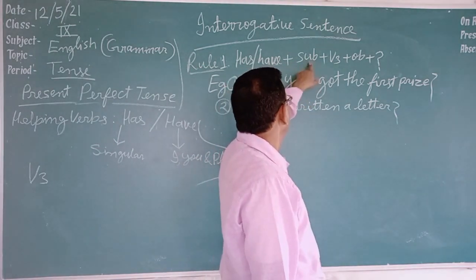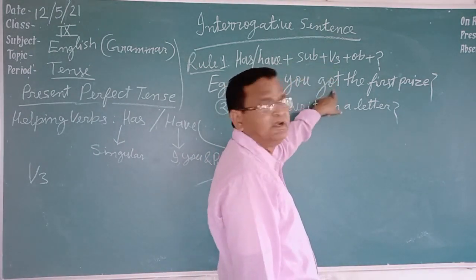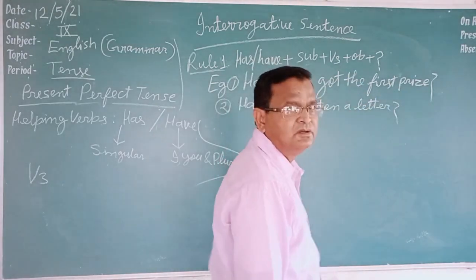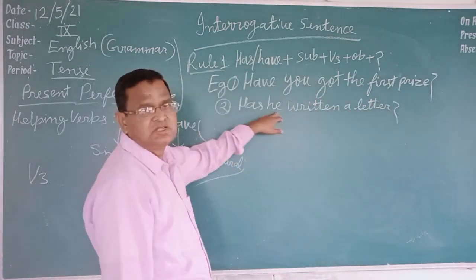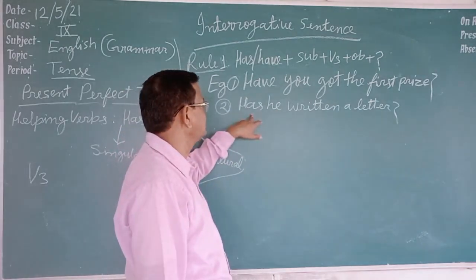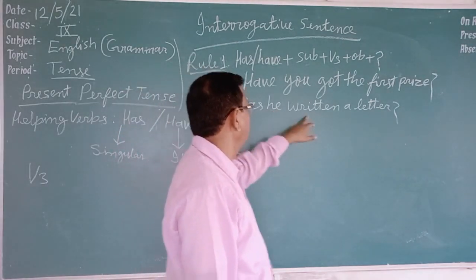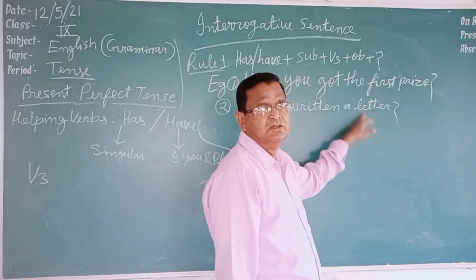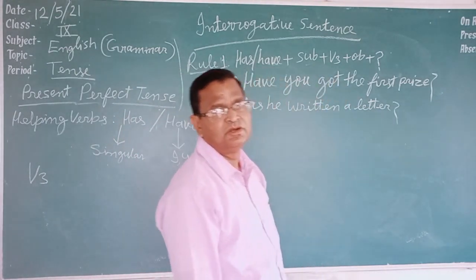Then the subject is written, then the third form, got, and then the object, the first prize. Here the subject is singular, so has is written first, then subject he, then written, the third form, then the object. So it is the first type of interrogative sentence.